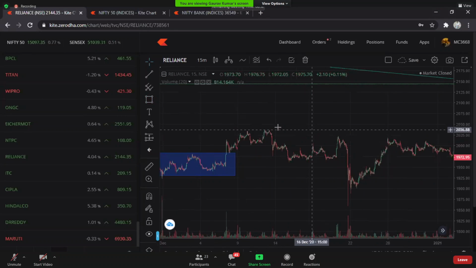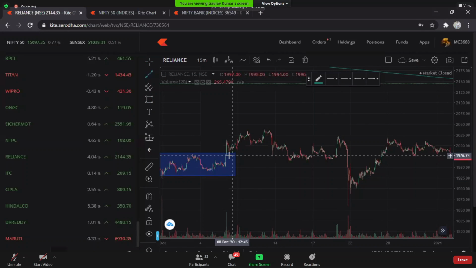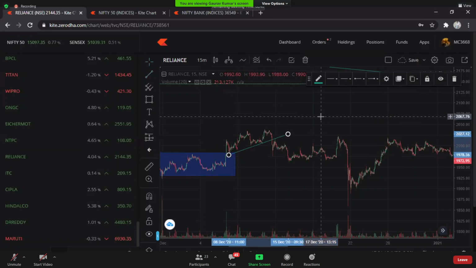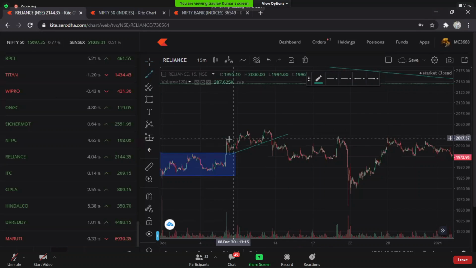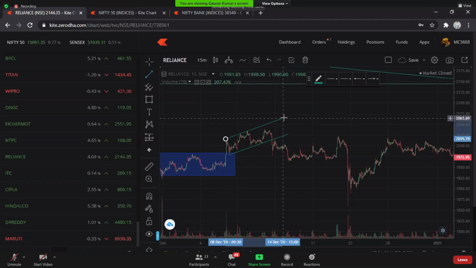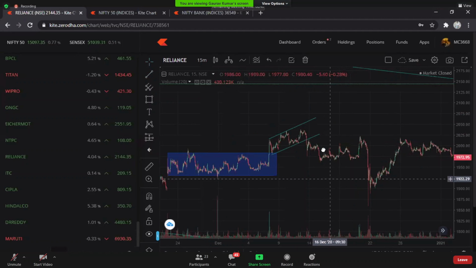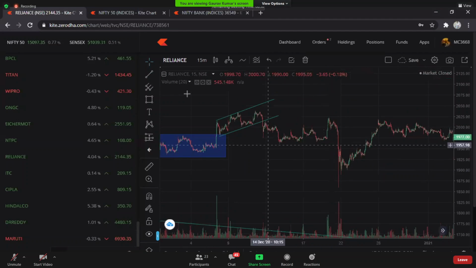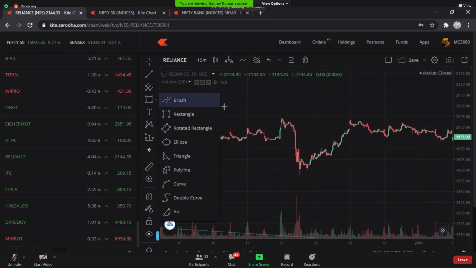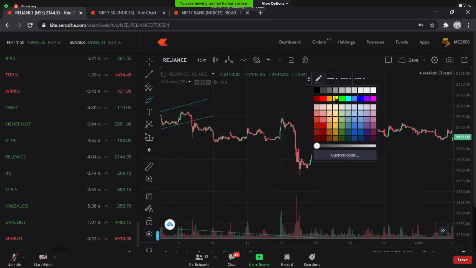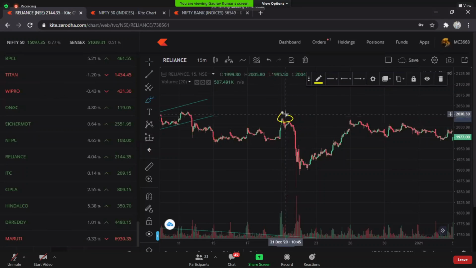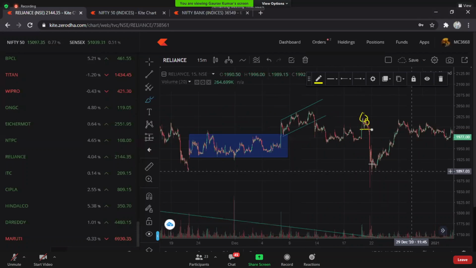Then this is where we have a rising wedge kind of structure, or you can also call it a rising or ascending channel, downside breakout, and again we have a double top out here, neckline, and a breakout, and then you can see the move.